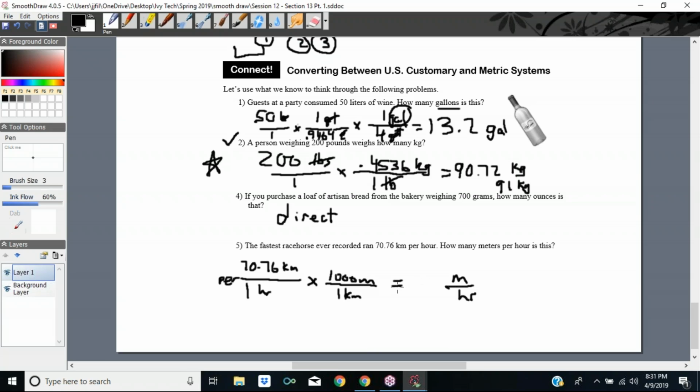And so we're just multiplying here. Move the decimal 3 places. 70,760. So the fastest racehorse ever recorded ran 70,760 meters in an hour.